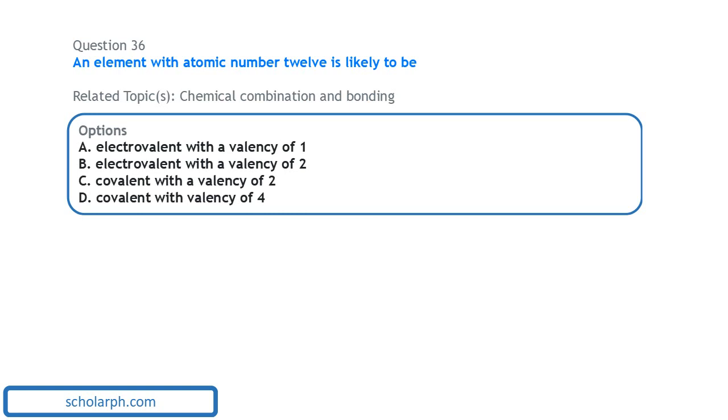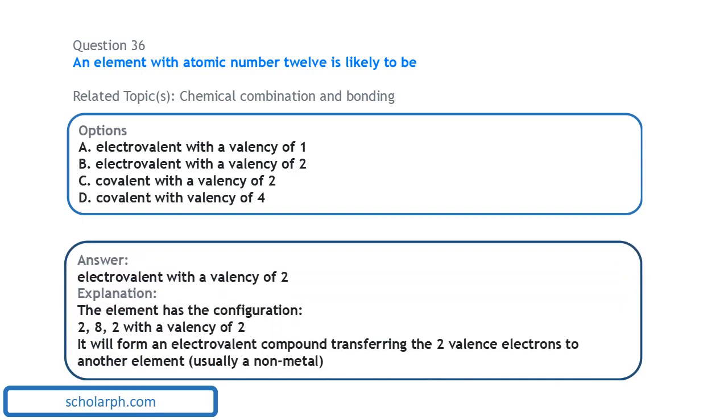An element with atomic number 12 is likely to be... That element, we are going to write its electronic configuration. It has atomic number of 12, so that will be 2, 8, 2. So this element has 2 electrons in its outermost shell. It has a greater tendency to form electrovalent compound by transferring these 2 valence electrons in order for it to attain octet structure, meaning so that it can be left with a shell that has 8 electrons.